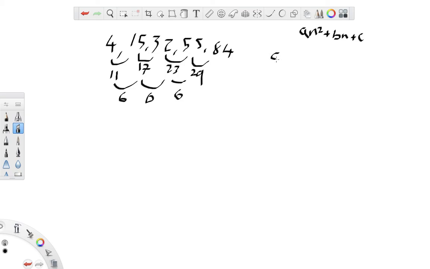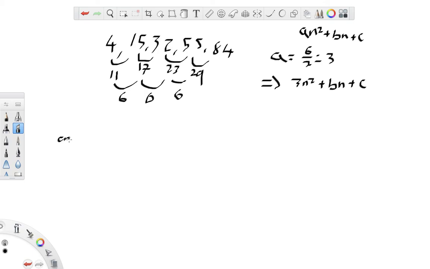How did we find a? Well, it was half of the second difference. So the second difference was 6. So we half that, and we're left with 3. So a is equal to 3. So what we know so far is that we've got 3n squared plus bn plus c, like that.